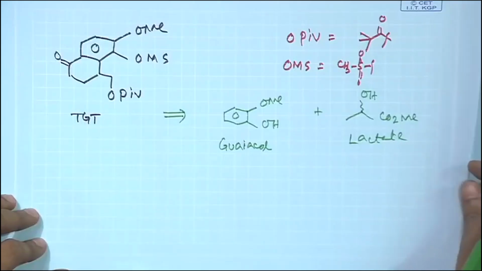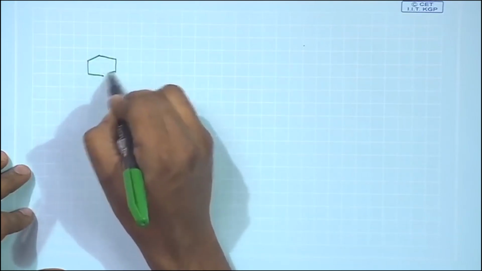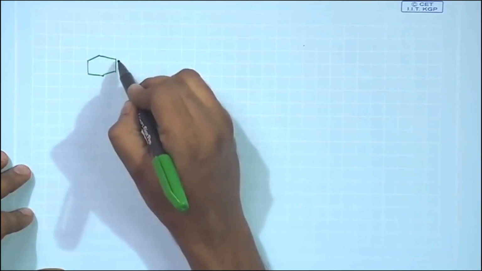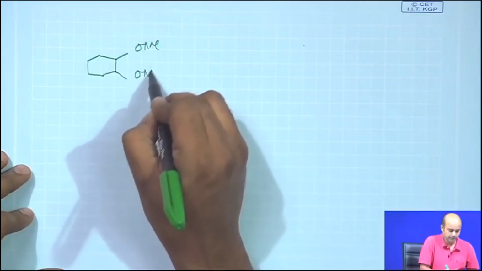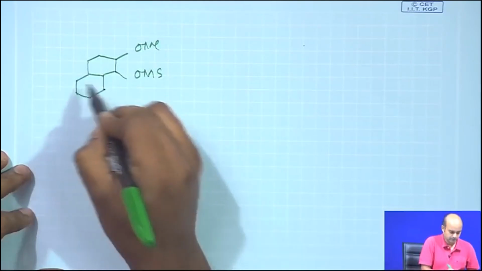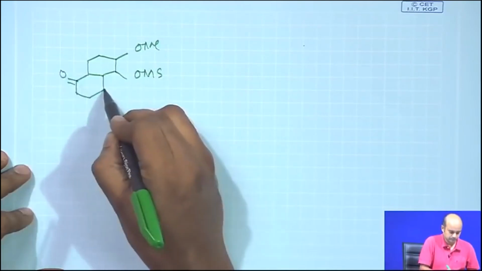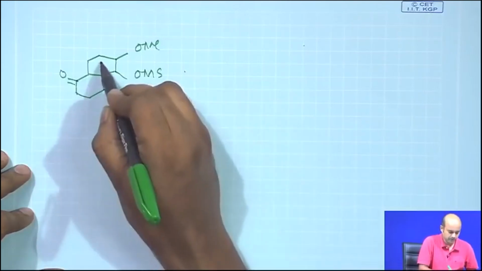Now, if you try to do the retro, I will try to do the retro, and eventually you will find that the retro is pretty interesting, but let us draw the retro. So, OMe, OMs, OPivaloyl is the target molecule.